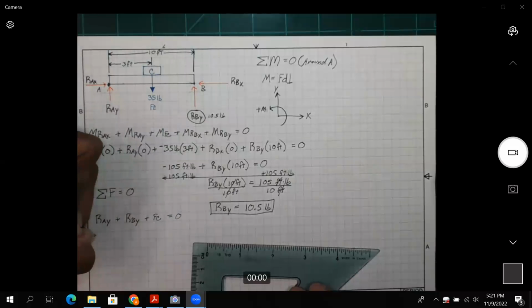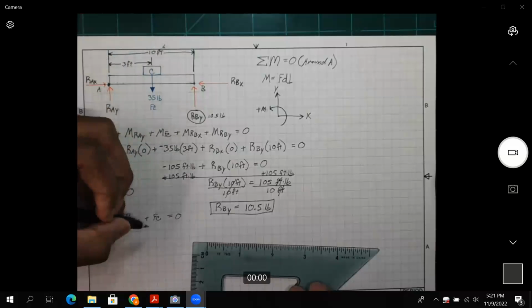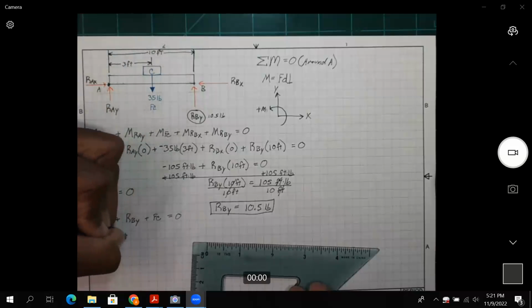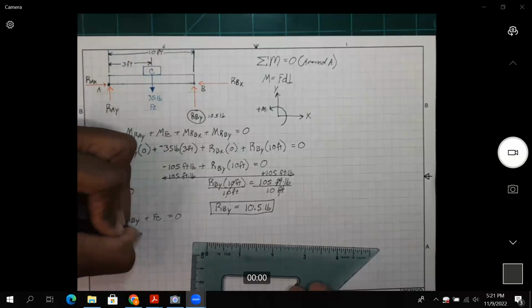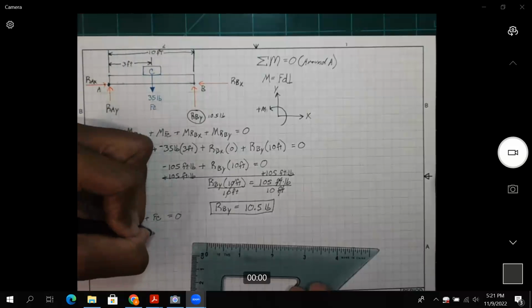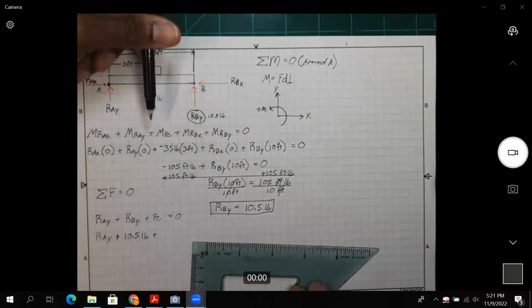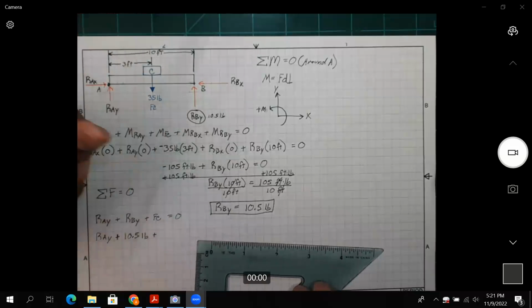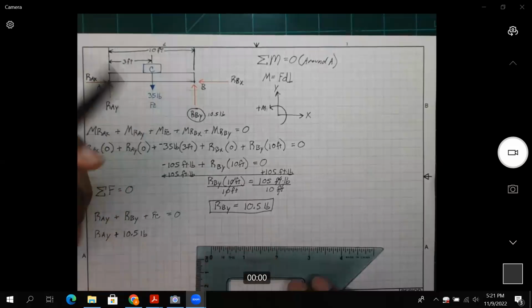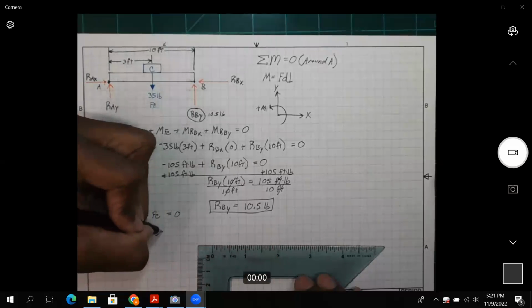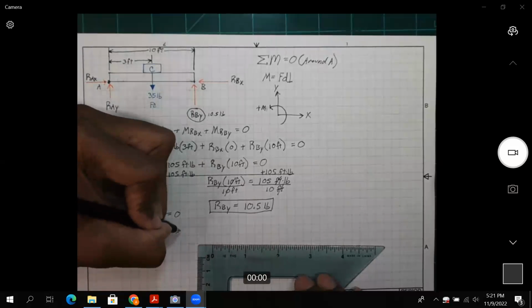Now we can just substitute and solve. So we have RAY plus RBY, which is 10.5 pounds, plus force C. Since force C is going down, we're going to say that's negative. Negative 35 pounds must equal 0.